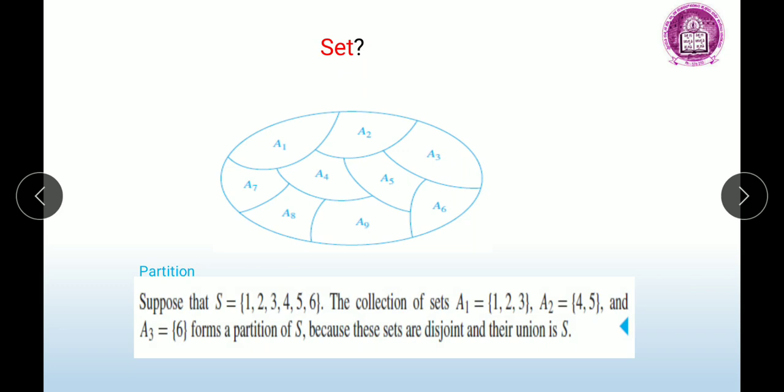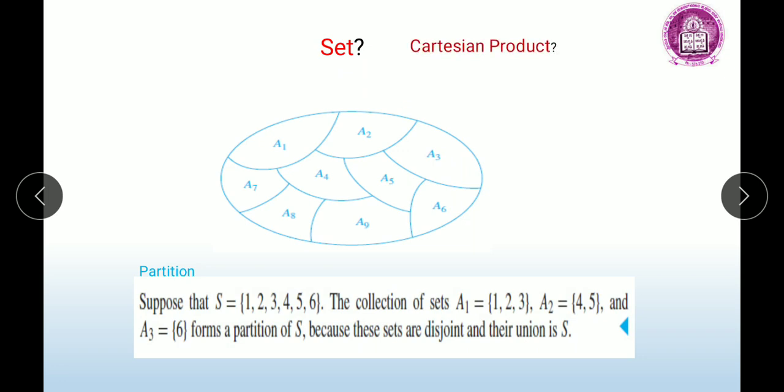These are well defined. The collection of sets A1, which consists of only 1, 2, 3, A2 is 4 and 5, and A3 is a singleton set consisting of 6. This forms a partition of S because these sets are disjoint and their union is S.